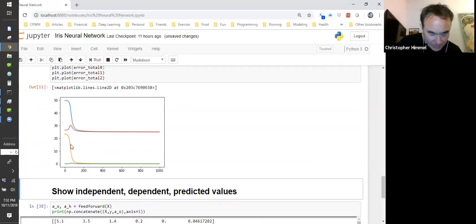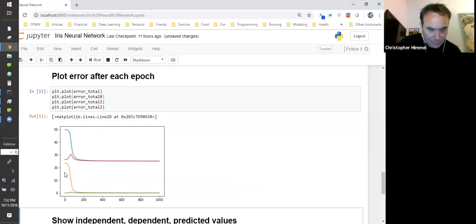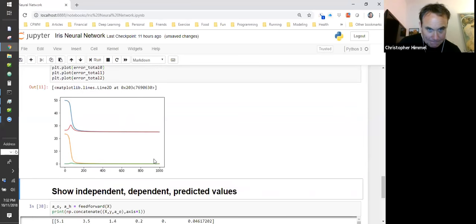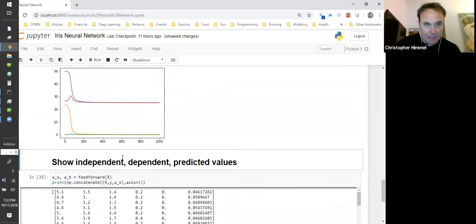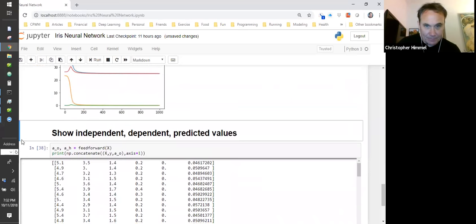At the beginning, this blue one's my full error. The red one is the error for type 2. The total error ended up at 25. The errors for the other ones dropped down to 0 pretty quickly. So this all makes pretty good sense so far.